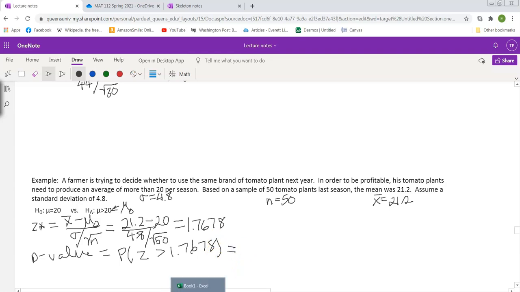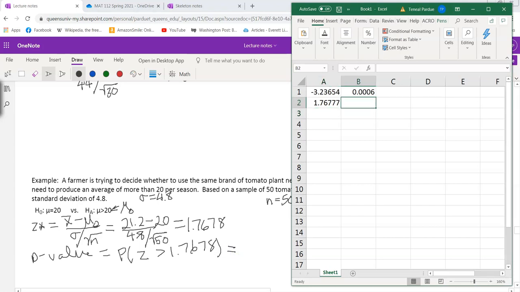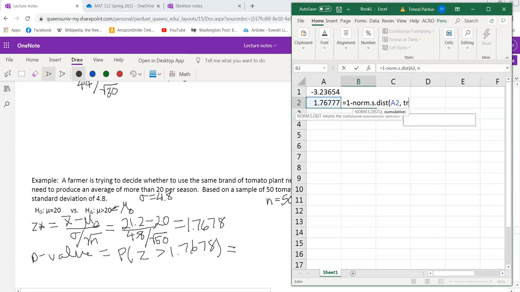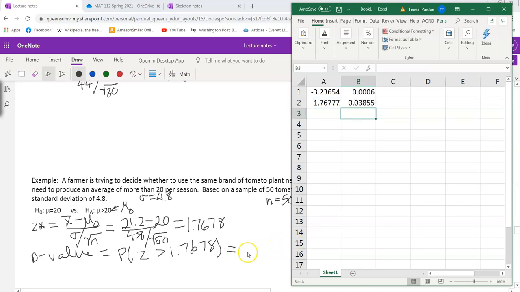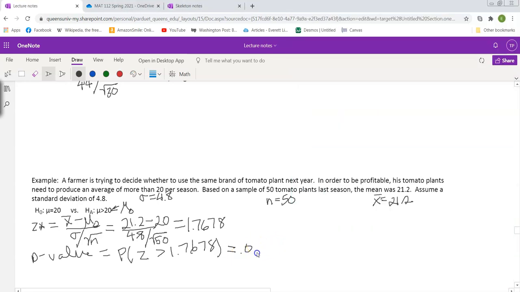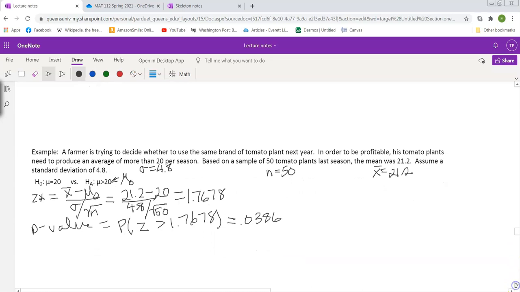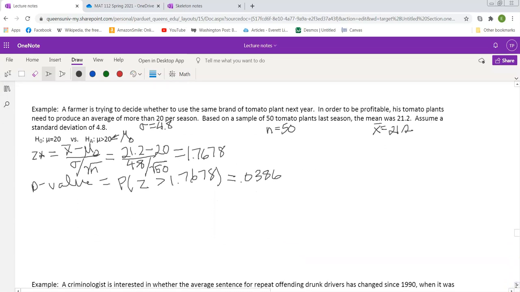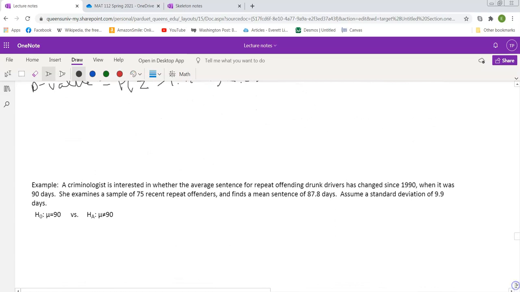And let's see what that comes out to be. This is greater than, so we have to do 1 minus NORM.S.DIST, and I'm going to pick that value, comma true. And we get 0.0386. We're going to do something with this here in just a minute. But for right now, we're just calculating test statistics and p-values.